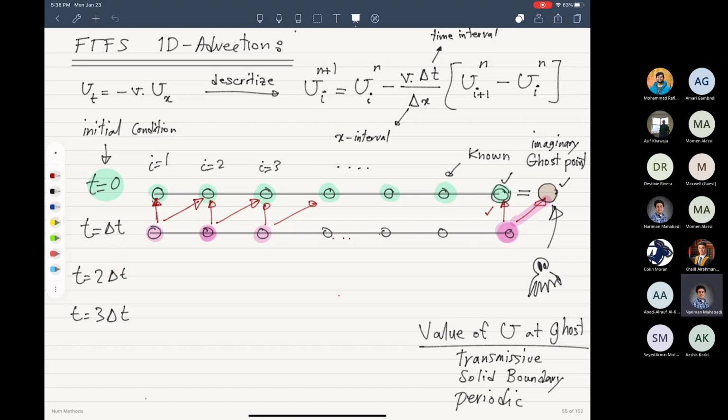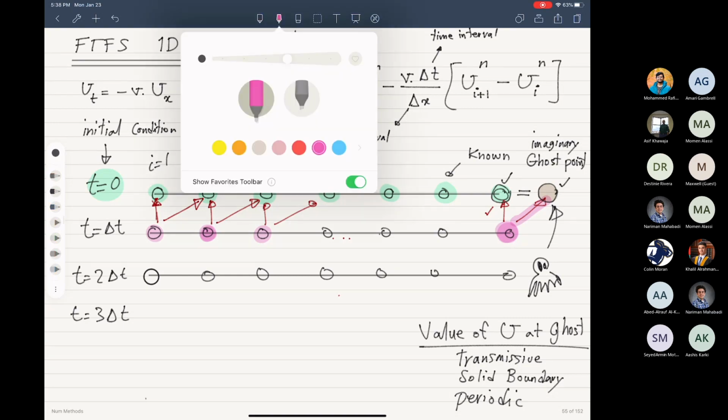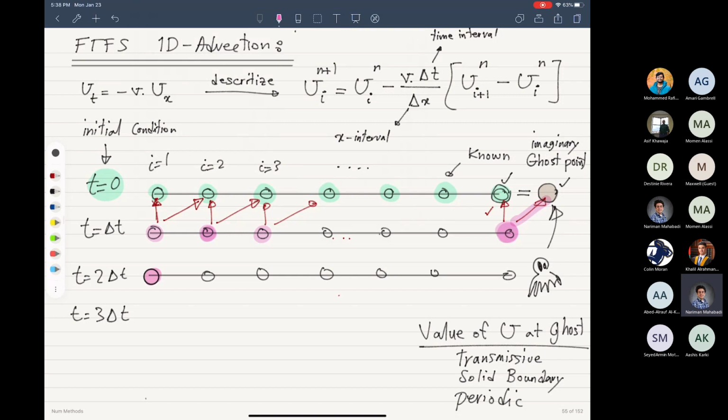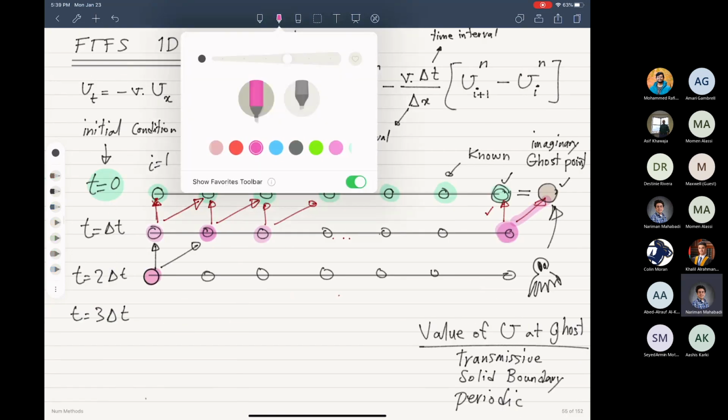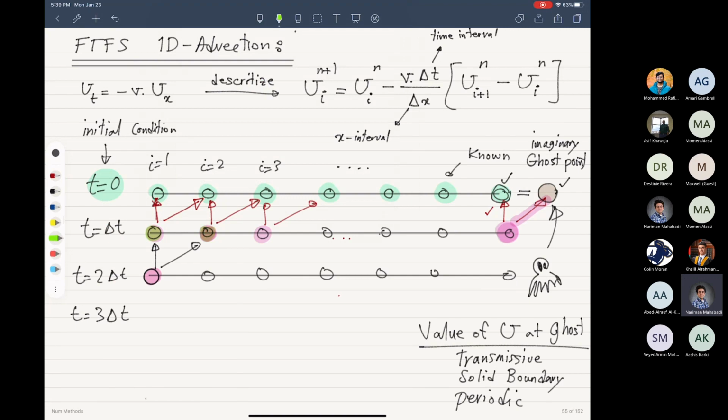So once we found everything, then just march on the time again and calculate all the unknown function on all the points using the same strategy, right? But now you have to use the previous points. These were unknown in the last stage, right? But now these are also known. So these can be turned to green at this stage, right?